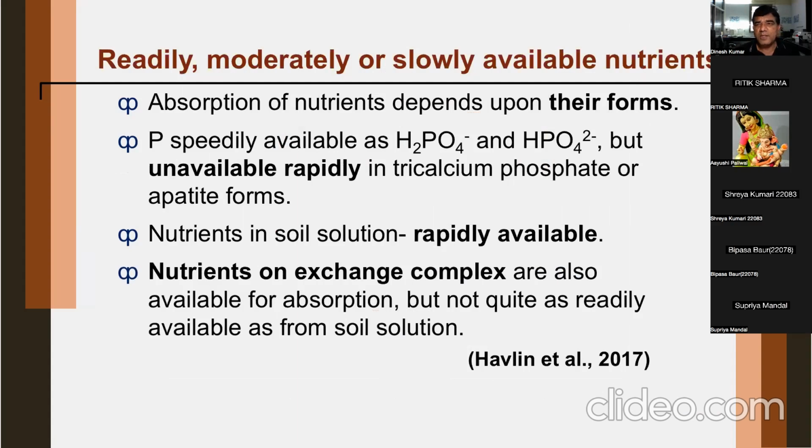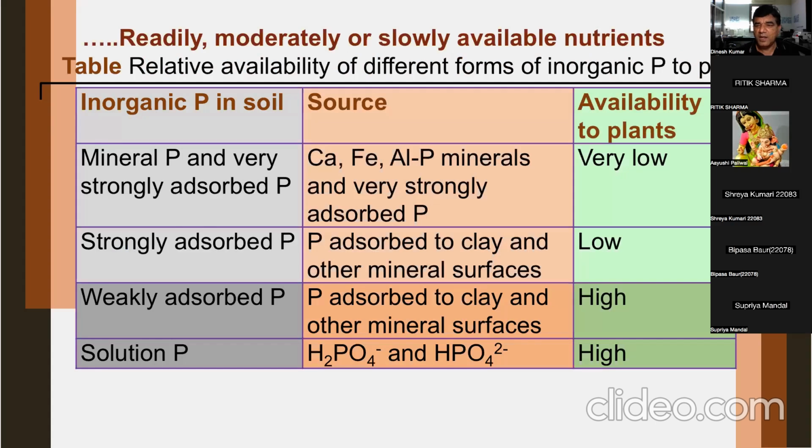And we have also seen how the nutrients are classified into different forms: readily available, moderately available, and slowly available. And I have given the example of phosphorus, where you have very low availability, particularly when mineral phosphorus is there, and very strongly adsorbed phosphorus. And you see high availability is for H2PO4 and HPO4.